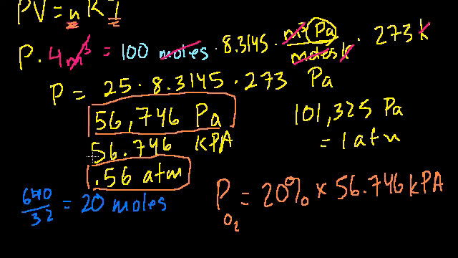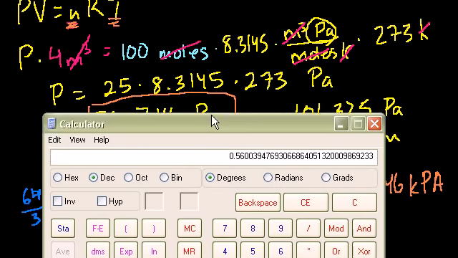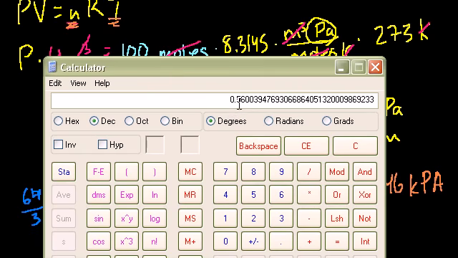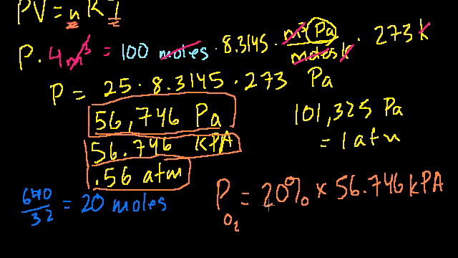I just took this pressure measurement. I could have done 20% if I wanted in atmospheres times 0.56 atmospheres. And so the partial pressure of oxygen, I already have the 0.56 written there, so times 0.2 is equal to 0.112 atmospheres.